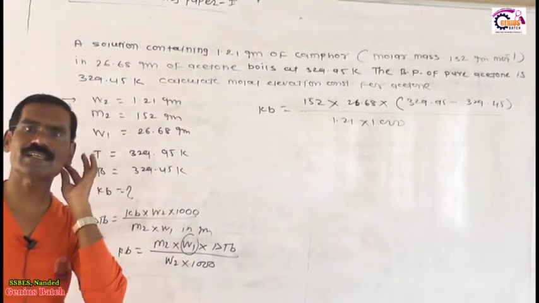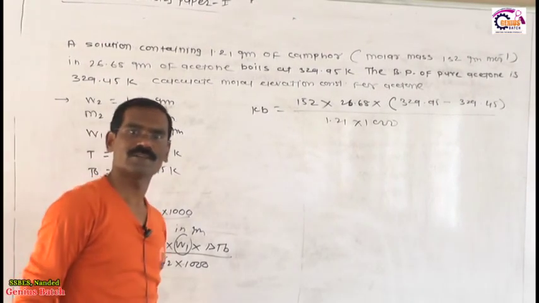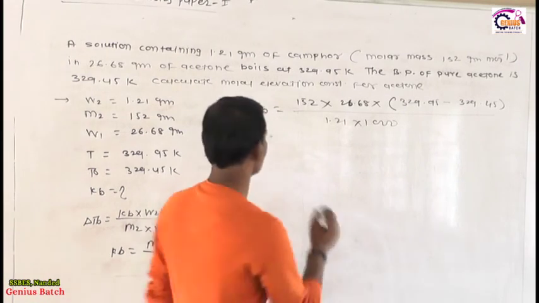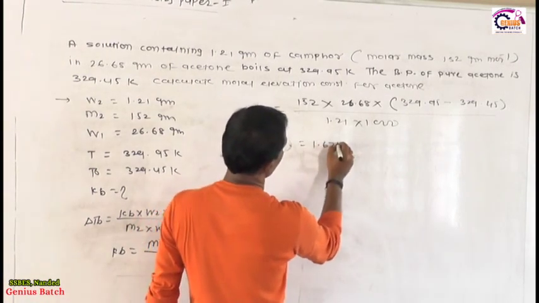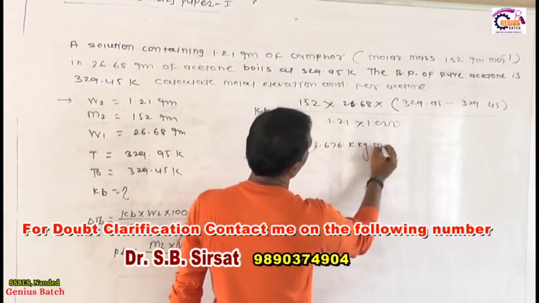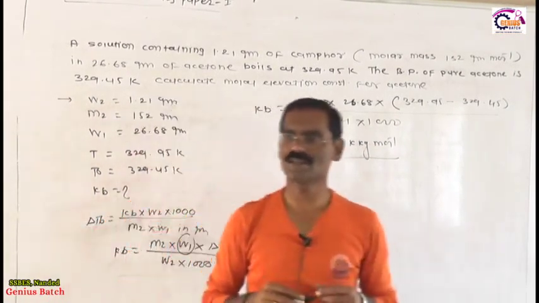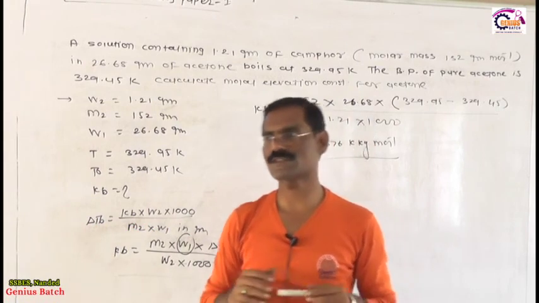Calculate very systematically. After calculating, the answer of this question becomes 1.676 Kelvin kilogram per mole. The remaining problems related to this point we will discuss in the next videos. Thank you very much.